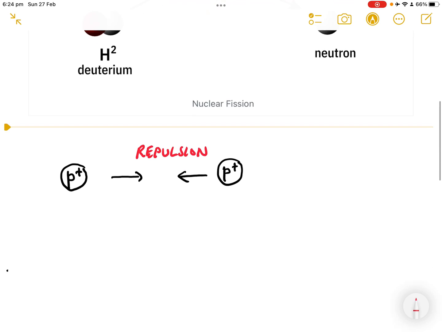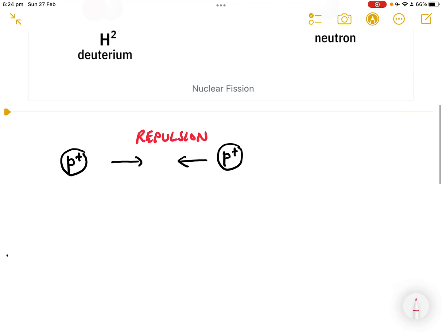Because like charges repel. Now, the only way we can overcome that repulsion is to make the protons travel very, very fast.